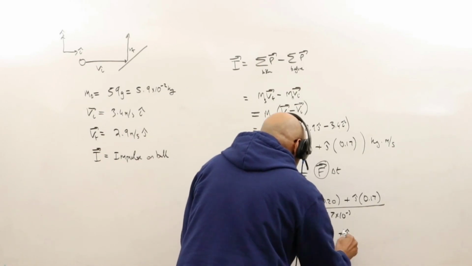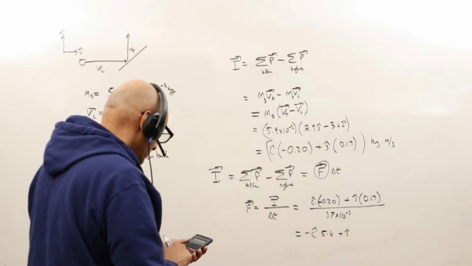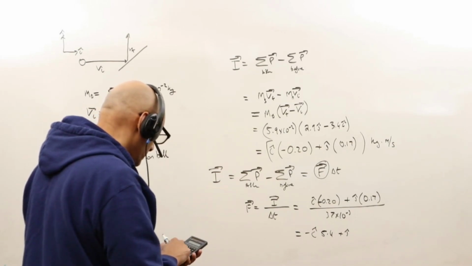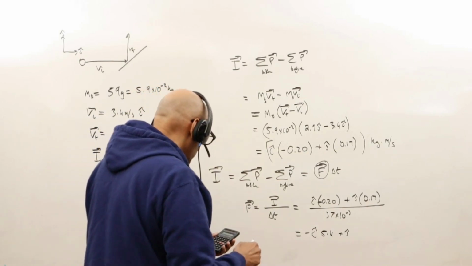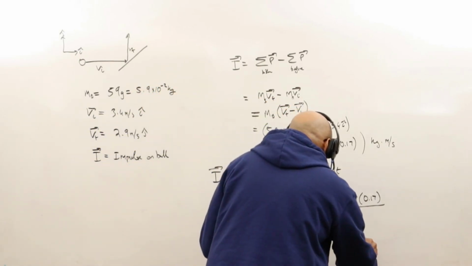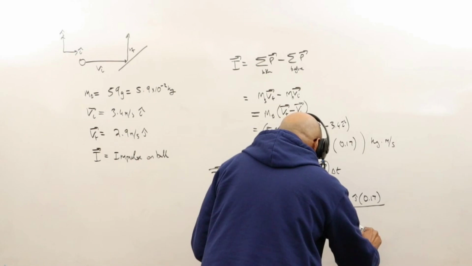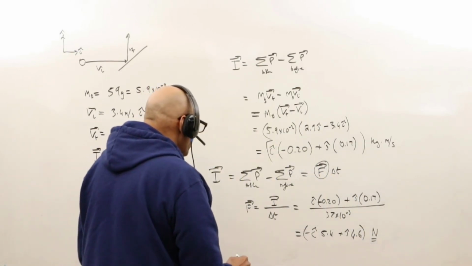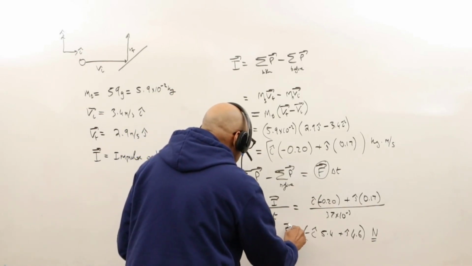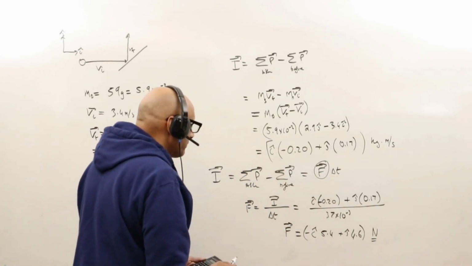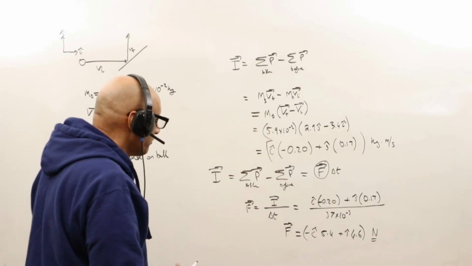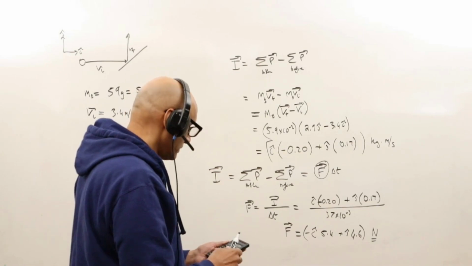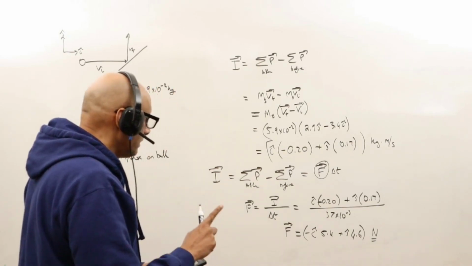In the j direction we get 0.17 divided by 37 times 10 to the minus 3, which is 4.6. Standard units are newtons. So the applied force of the wall acting on the ball is 5.4 newtons in the x direction and 4.6 newtons in the y direction.